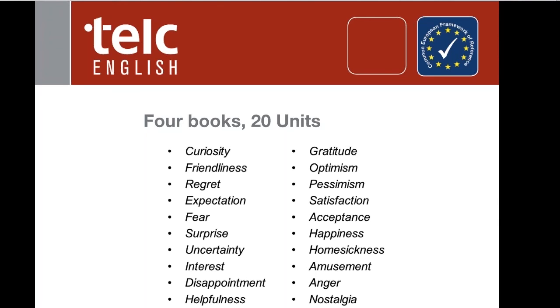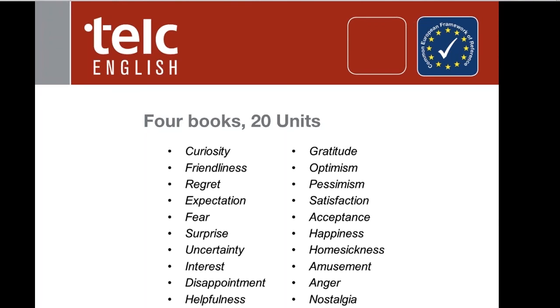So as the teacher, you can decide which unit to tackle, in which order. The main concept behind it is flexibility and choice. You're not forced to go first curiosity, second friendliness. Each one, as I said, is a complete unit, and you use them in whichever order. You can, of course, go through them from 1 to 20, but you can jump around based on what you think your students need. You're free to mix and match.